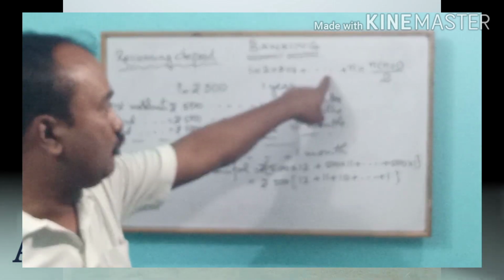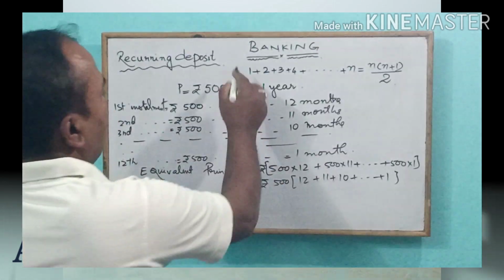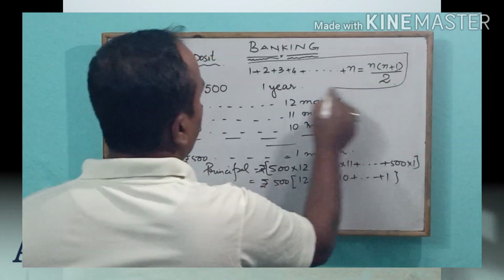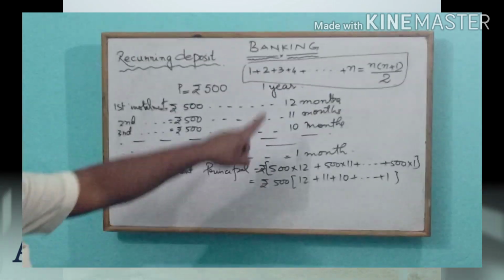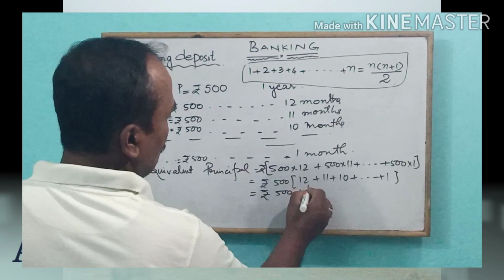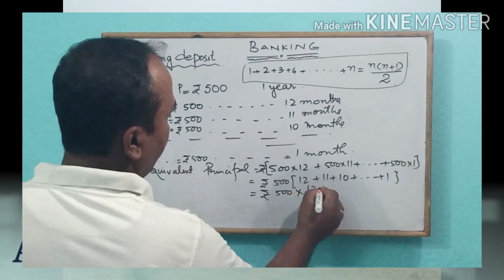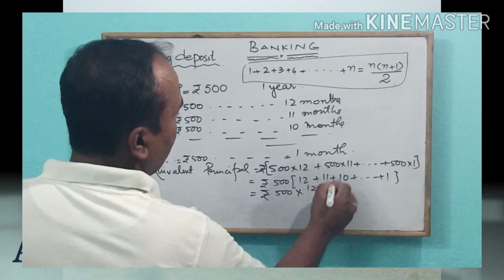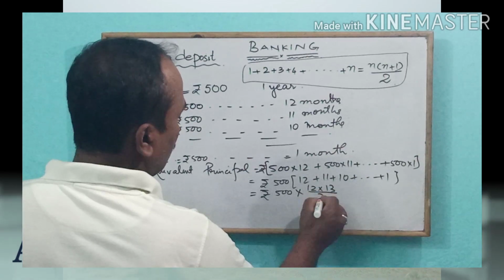So let us come back to the formula which I had initially given you, that is, the sum of first n natural numbers is n into n plus 1 by 2. So here it will be rupees 500 into 12 into 12 plus 1, that is 13, by 2.